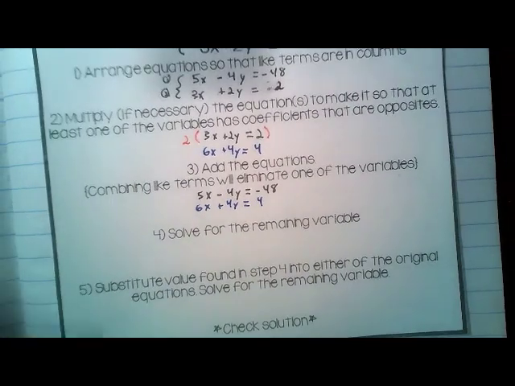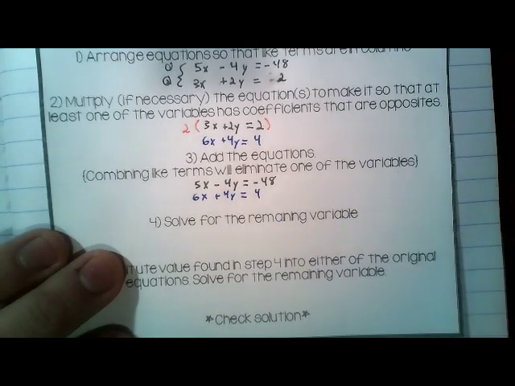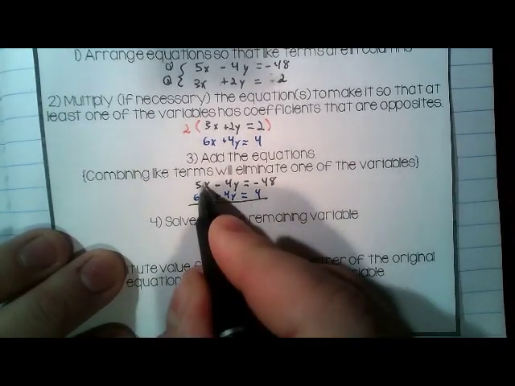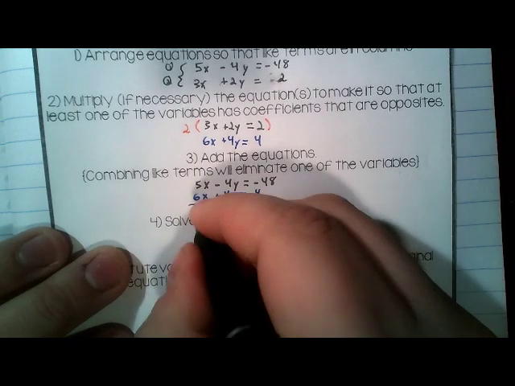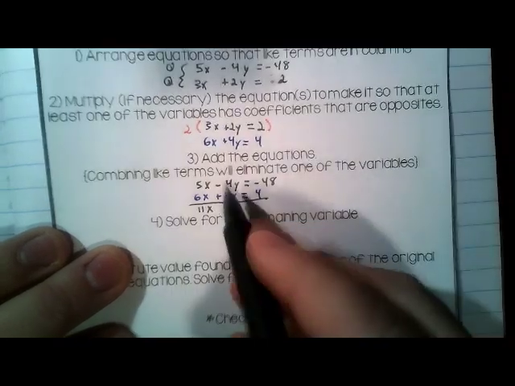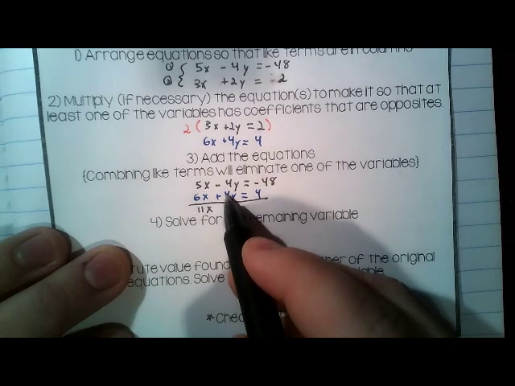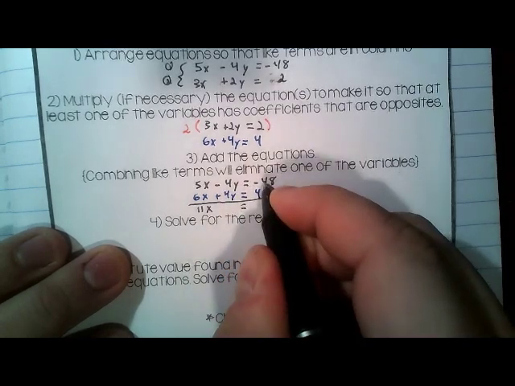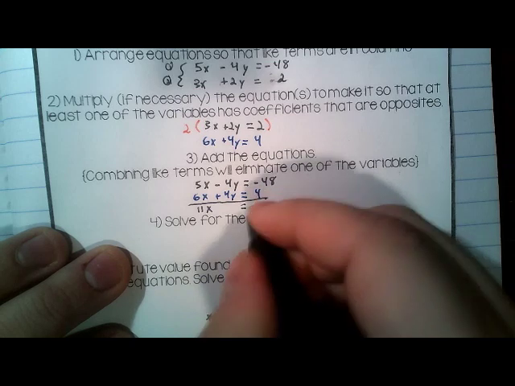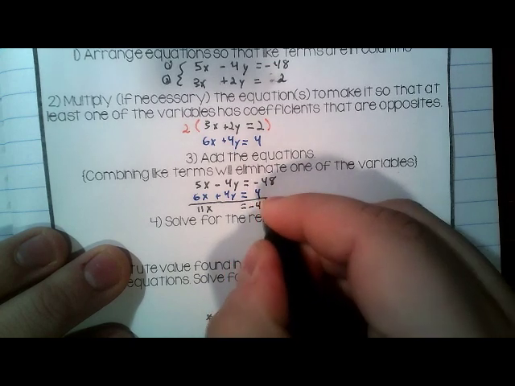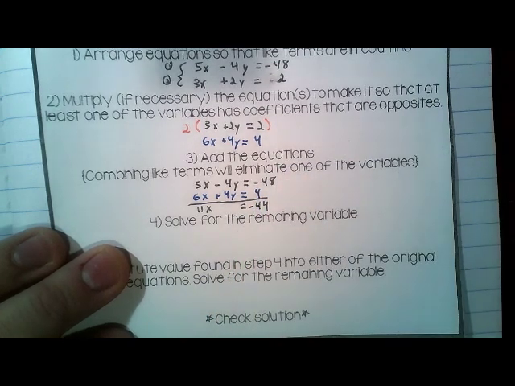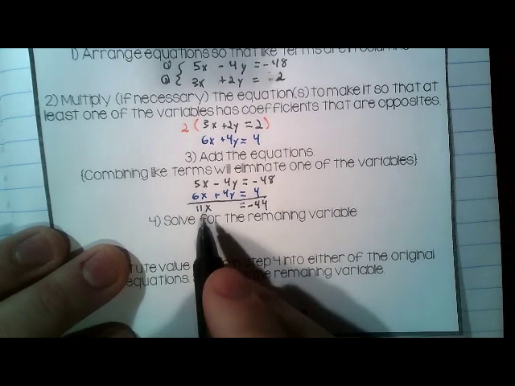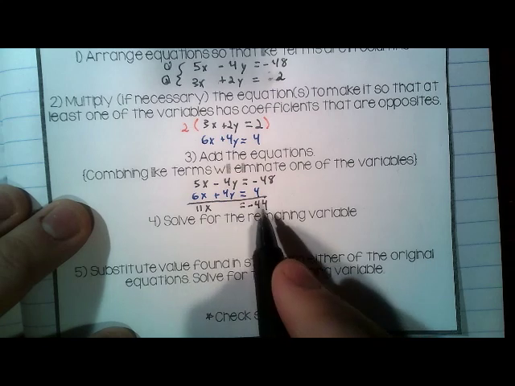And when I add those together, 5x plus 6x is 11x. Negative 4y and positive 4y, those cancel. And this equals negative 48 plus 4 is negative 44. So now I've got this equation, 11x equals negative 44.